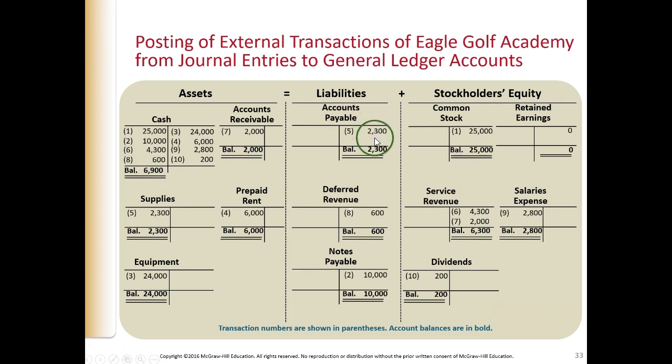Liabilities, accounts payable, 1 entry, same as common stock, supplies, 1 entry. Most of these other accounts have 1 entry. Revenue had 2, 6,300. So you take the numbers after entering the general transactions, and you post those into these individual ledger accounts, these individual T accounts that you can see here.